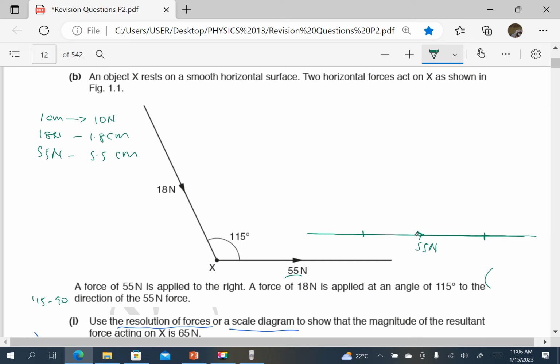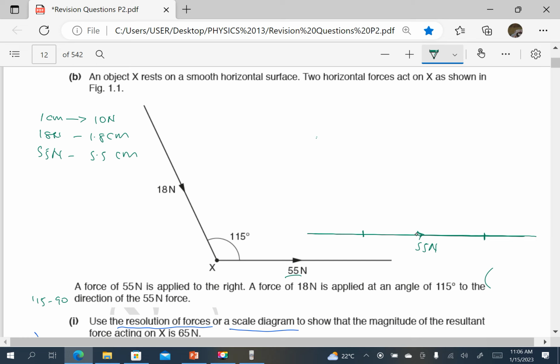It is not easy to put a protractor on a computer, but I'm trying. When I get a protractor for the computer, I'll be enjoying. So 115 degrees from the right, 0, 10, 20, 90, 110, so 115 is somewhere here.